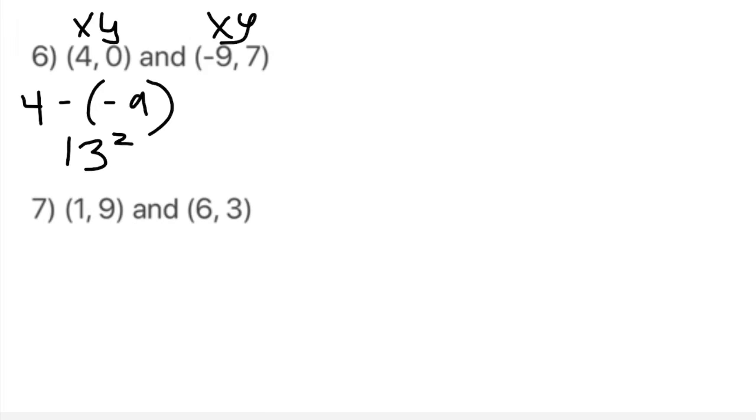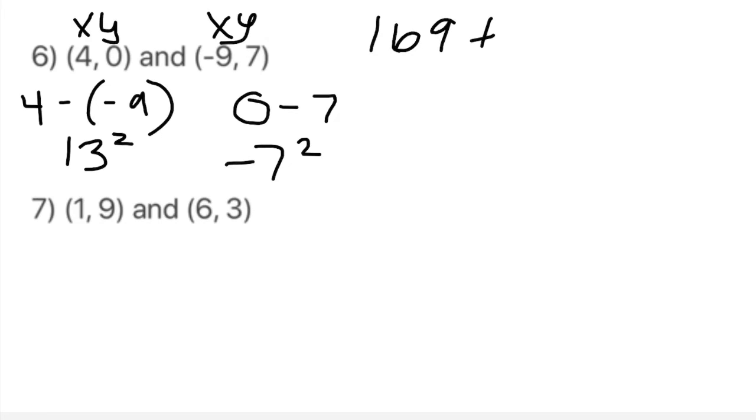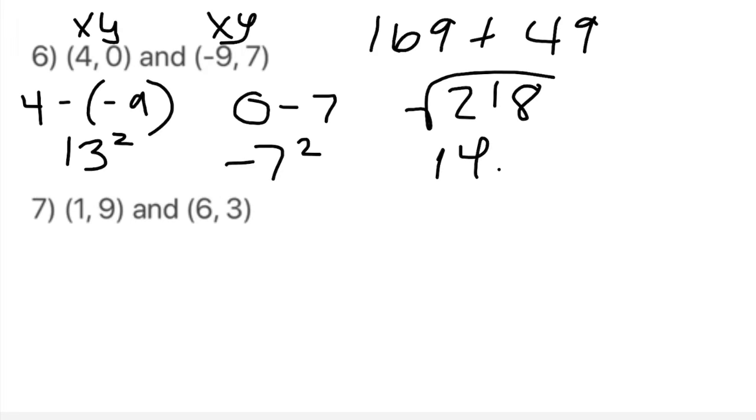And I'm going to do the difference between my y values, which is 0 minus 7, which is -7 squared. 13 squared is 169. 7 squared is 49. 49 plus 169 is 218. We're going to find the square root of that, which is 14 and 8/10 rounded to the nearest tenth.